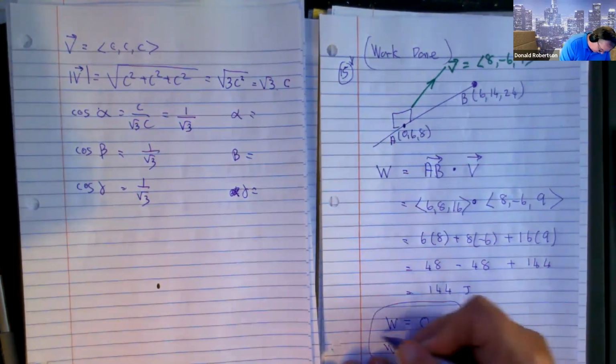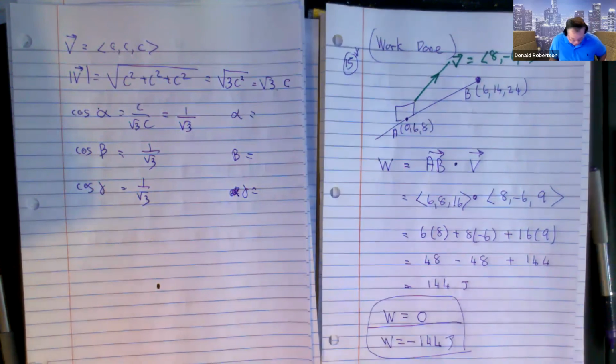For the physics guys amongst you, you could get work done equals 0. How could that happen? Well, could you imagine that the energy that you use to pull it up the hill, you get it back as kinetic energy when it falls down the other side or something? So I guess it could be 0.